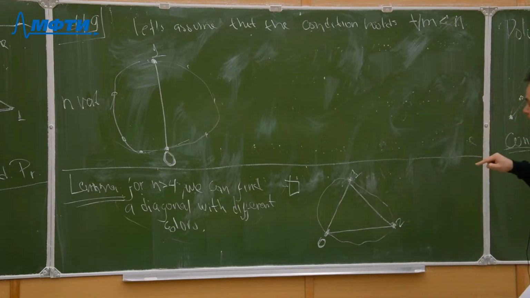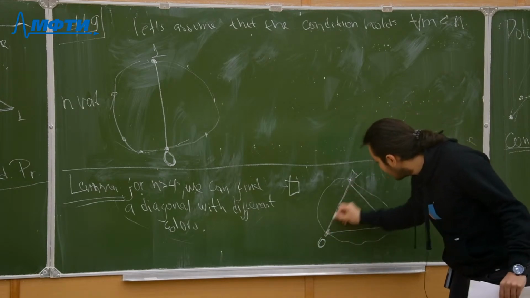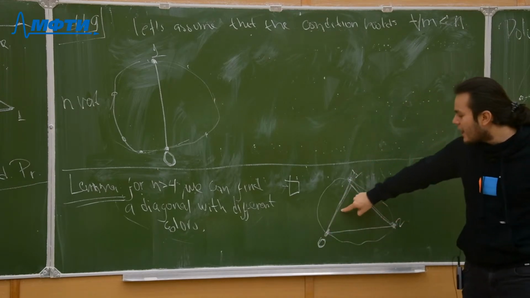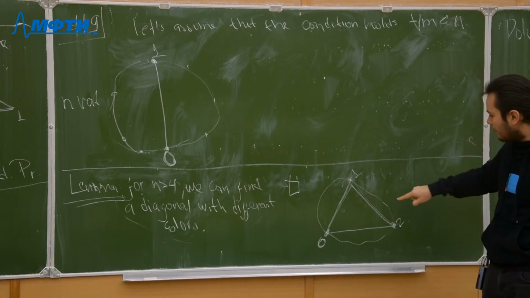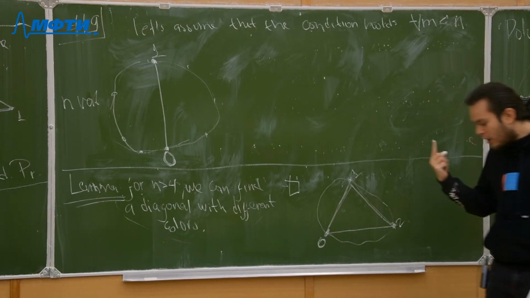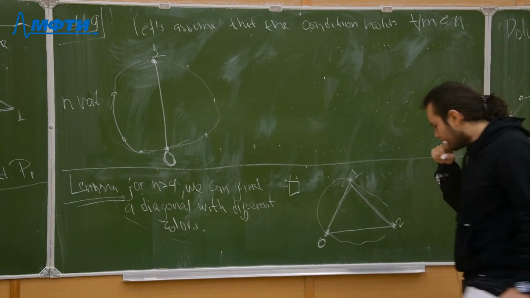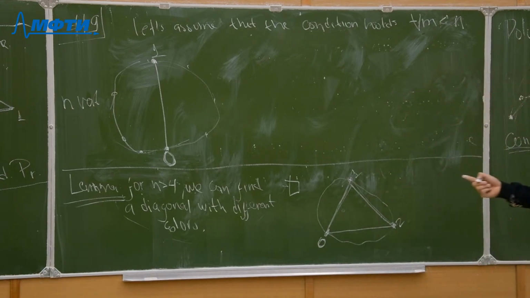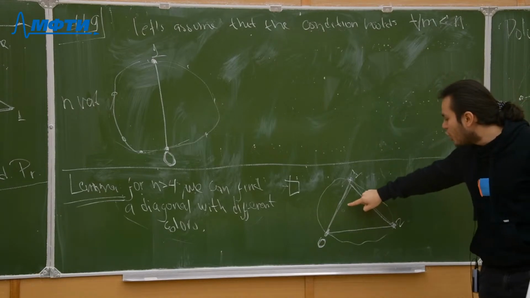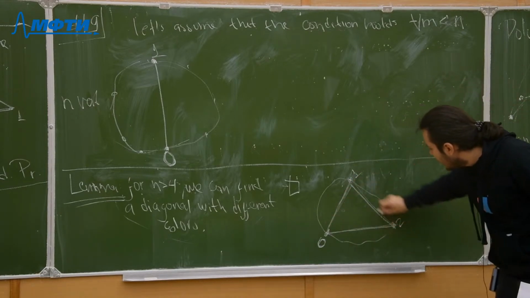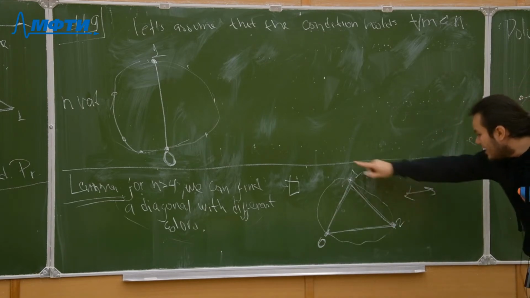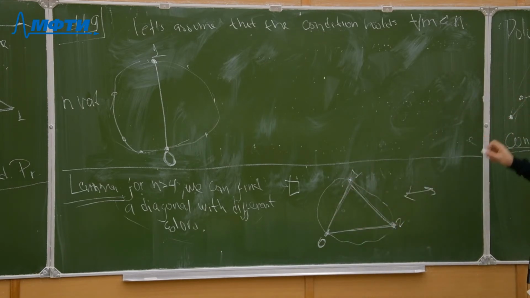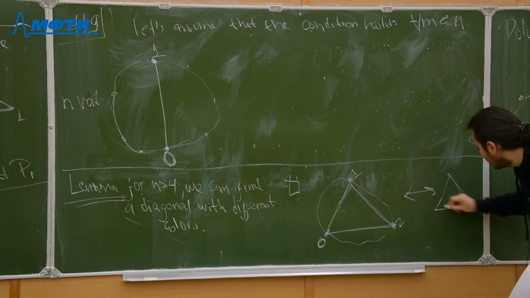And now this diagonal here, if this is not a diagonal, then it has to be a side. So the only option for this to not be a diagonal is if and only if this polygon is a triangle itself.